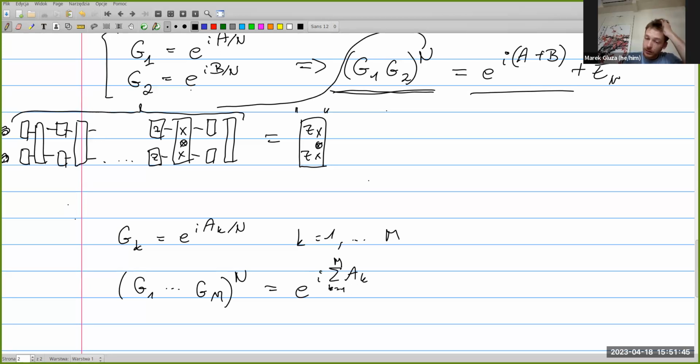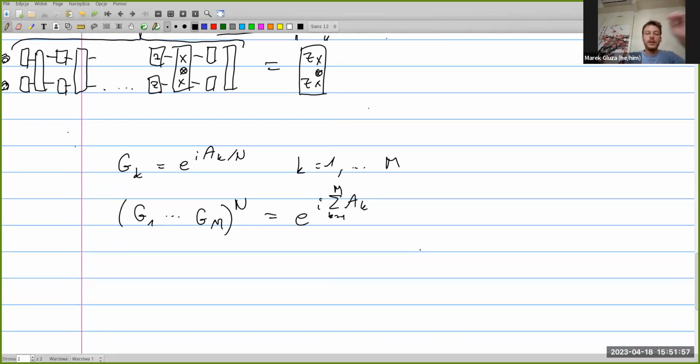Okay, and the important thing is that in the argument here there was n, but we did this n times, so there is no n here. So the second example is larger sums. Okay, so the next operation that I want to describe is the group commutator.